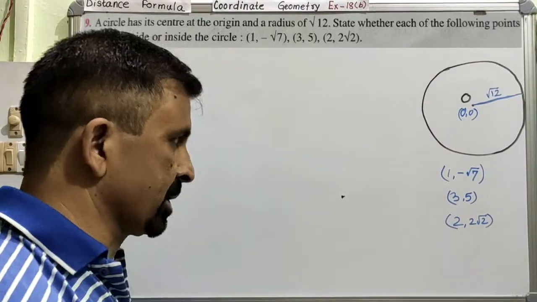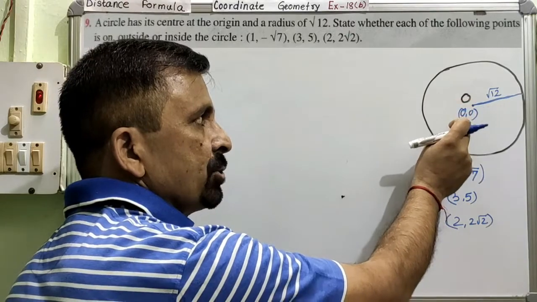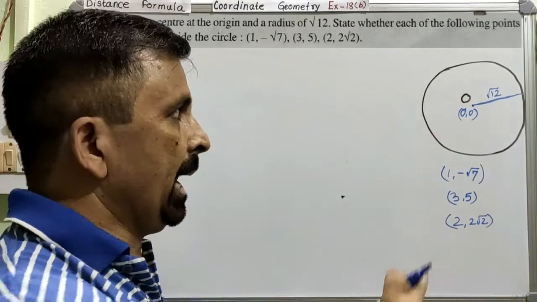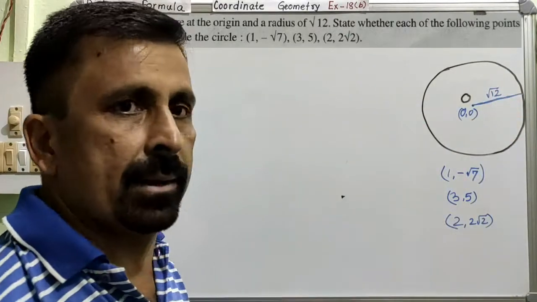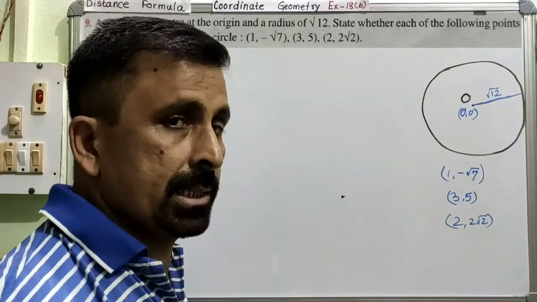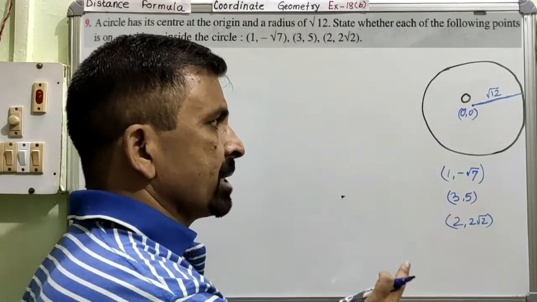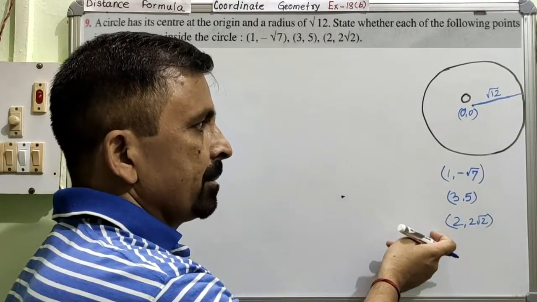Now try to understand the situation. This is a circle whose center is at the origin and the length of its radius is given. That means the distance is already given. We don't have to find the distance. Now these are 3 points.